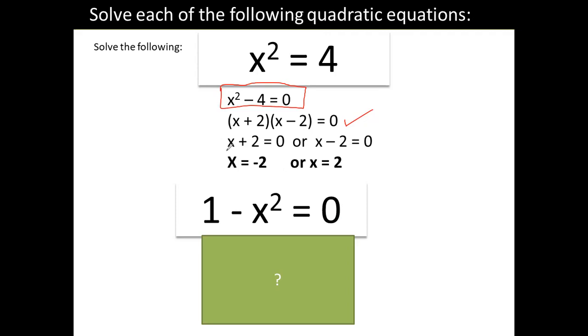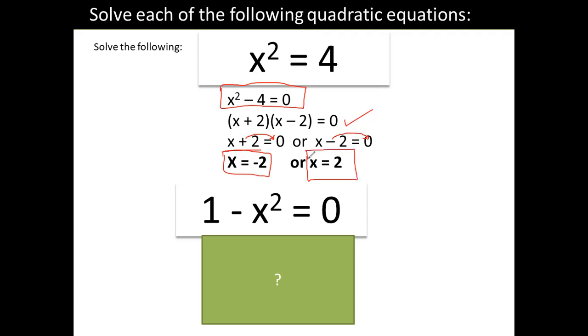Simplify x plus 2: positive 2 transposes to the right, so that becomes negative 2. And here, x minus 2, transpose to the right, so we have x equals 2.